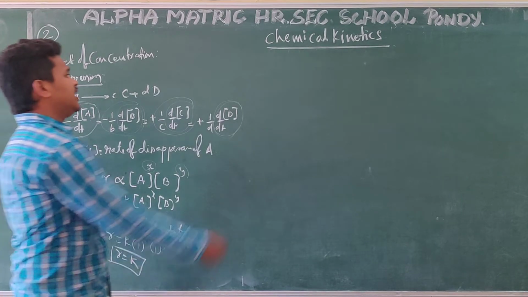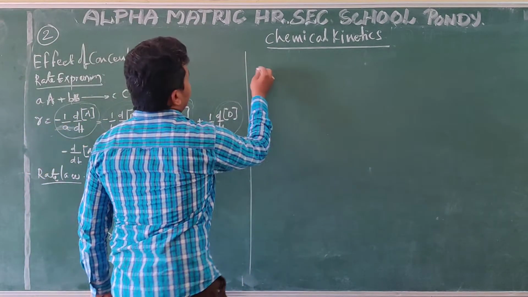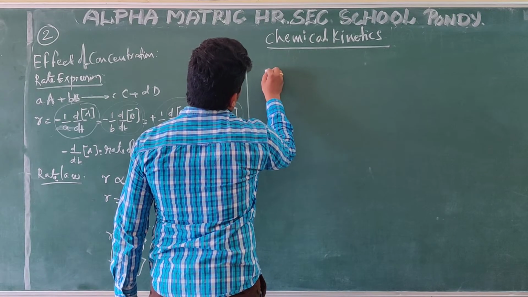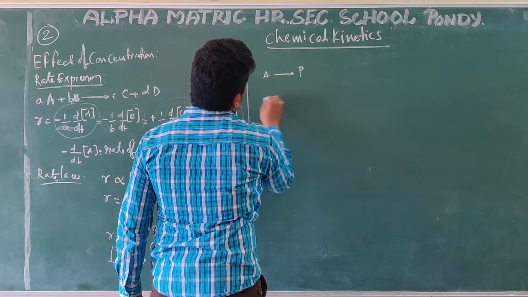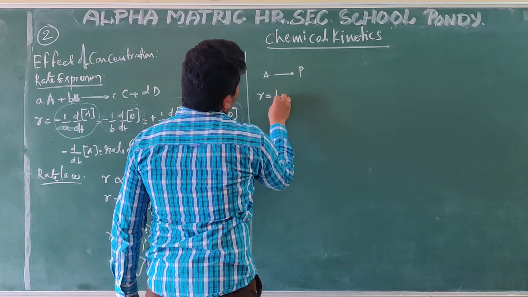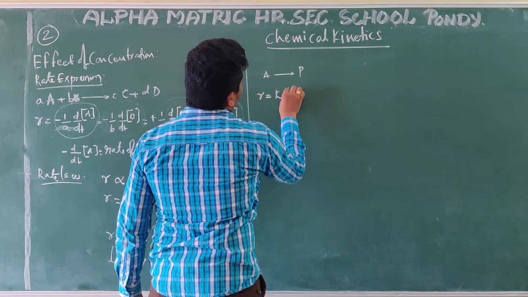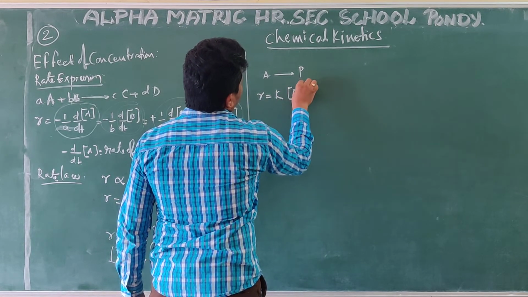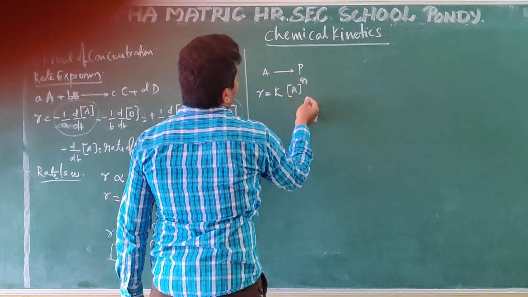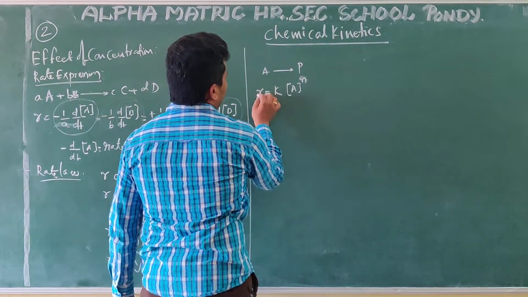For a rate constant, what are the units? A gives some products. Rate law is equal to K into A power n.